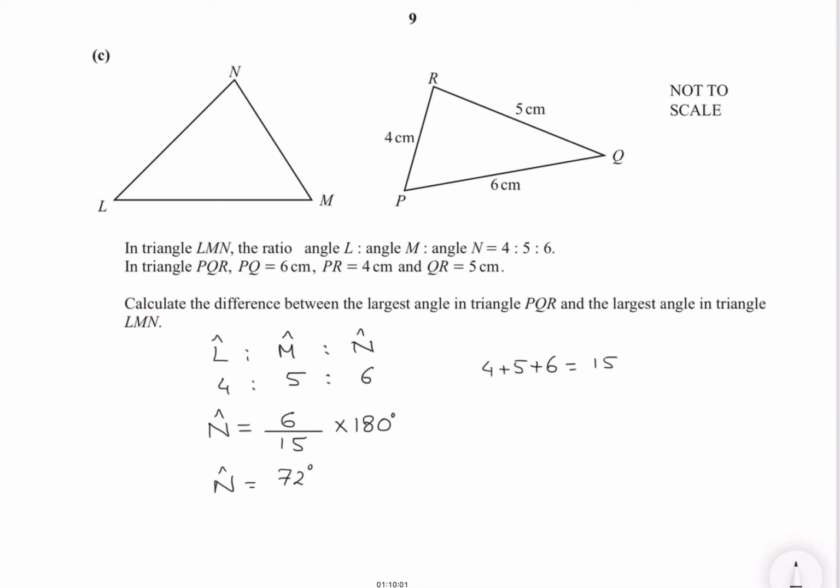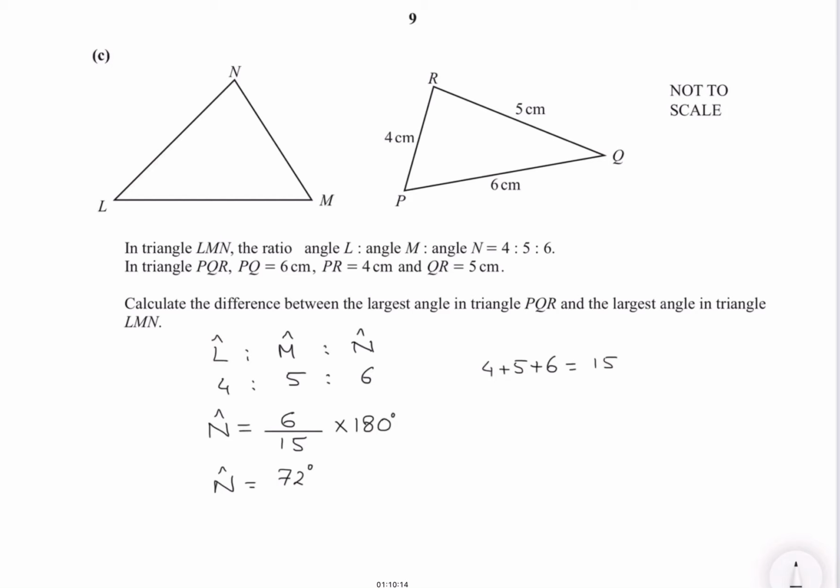So N is 72 degree, and the largest angle of the PQR must be at R, because the longest side of a triangle, opposite to that longest side, is always the largest angle. So to find out that angle, we have to use cosine rule, because in this triangle all the three sides are given and no angle is given.